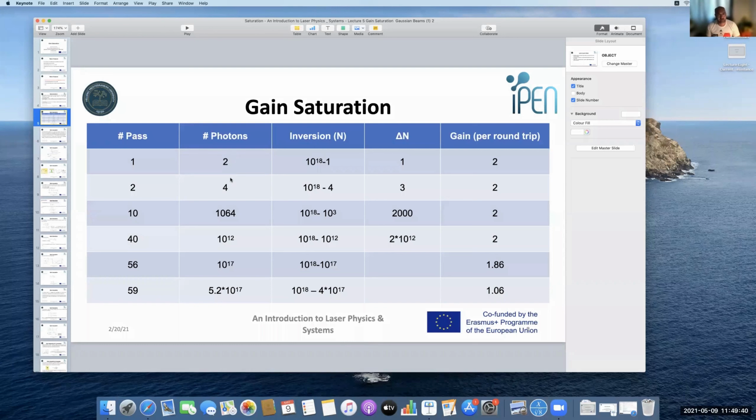But you can see as my laser field builds, the population inversion is getting lower. Here it's only 0.6, and here it was 10 to 18. Here it was 10 to 18, and here it's just 0.6, no?